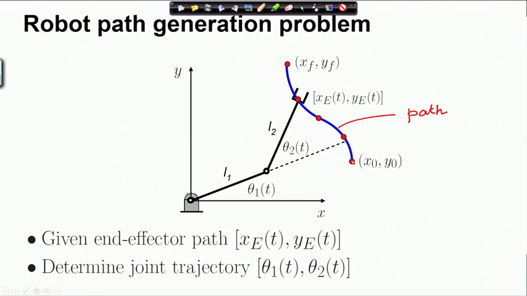So, we are given the end effector path in terms of x e and y e as a function of time. So, these are specified. As a function of time, I know how x e and y e vary. We have to determine the corresponding joint trajectory or the joint velocity.